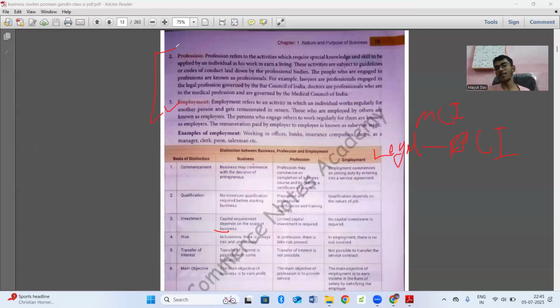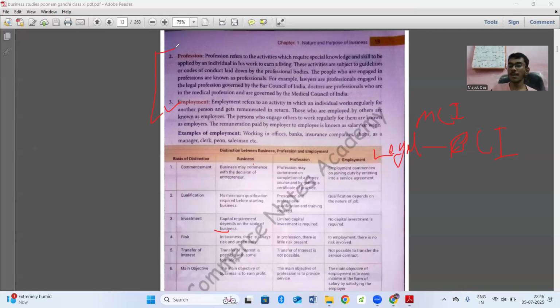Suppose in any private company or any government institution, many people work in many different posts. But who gets the ultimate satisfaction and profit? The higher authority.